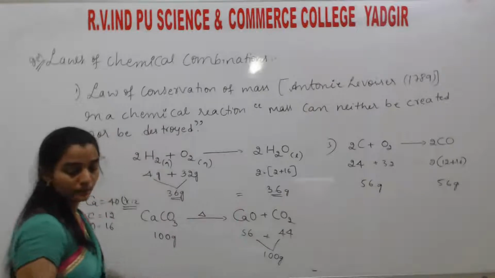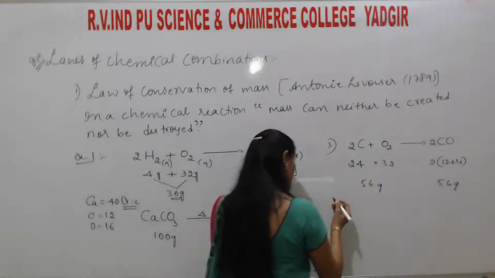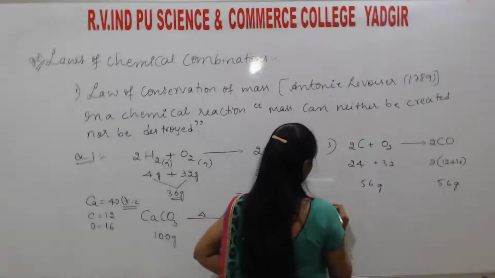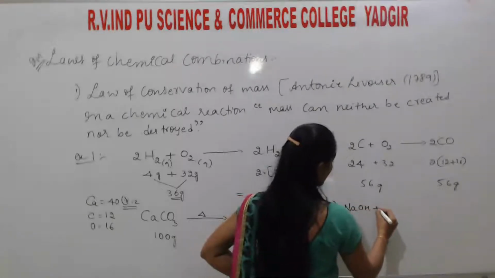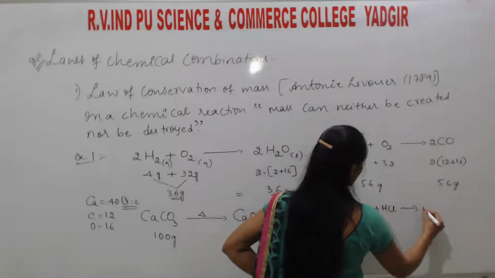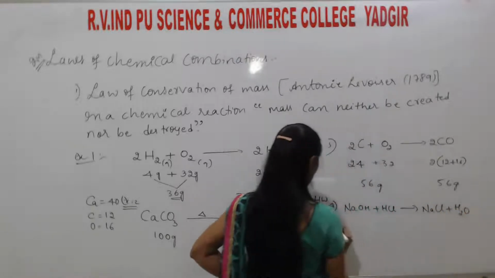Next, I'll give some examples to you students. This is for homework. NaOH plus HCl gives rise to NaCl plus H2O. You calculate yourself.